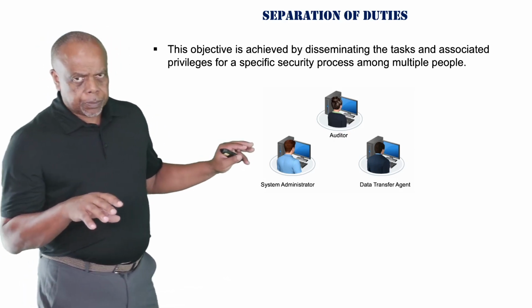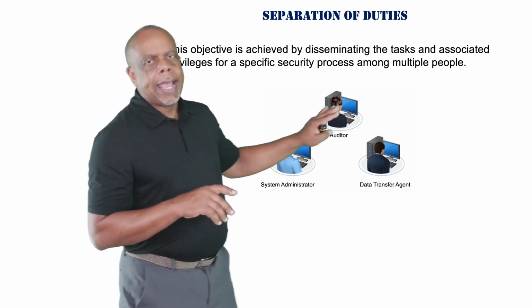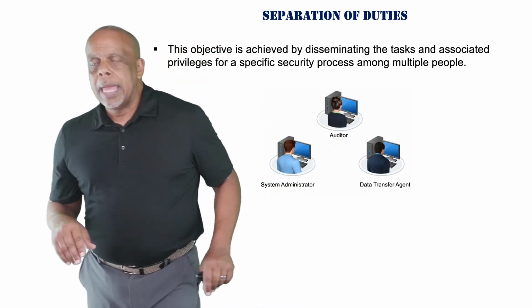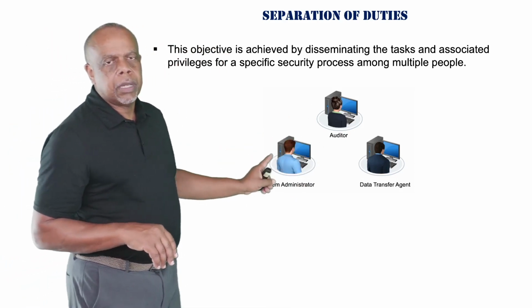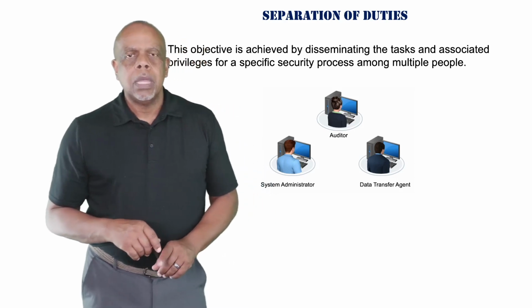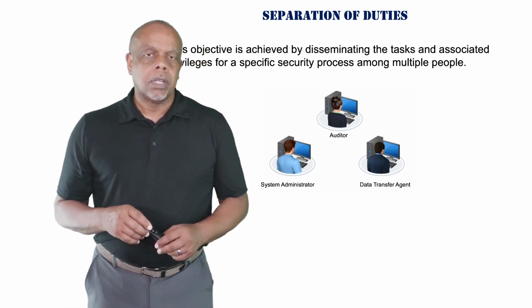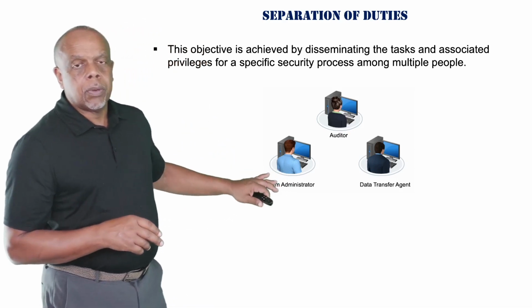Now think about it. If I was a system administrator and the auditor, and I am a bad guy, I can do something nefarious. I've got auditing privileges, so now I can go in and cover my trails by deleting something out of the audit log or changing something within the audit log to cover what I've just done.